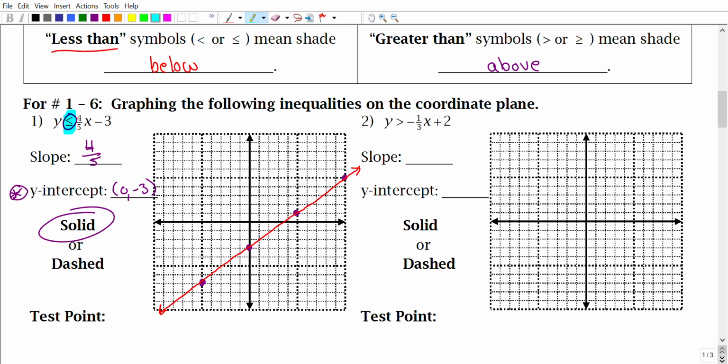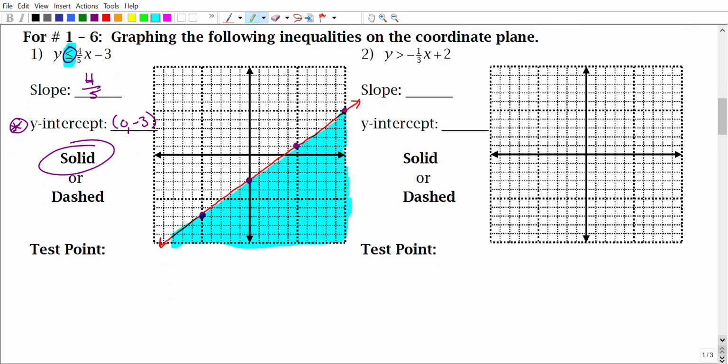If it's less than and we're going to shade below, would that be downwards? So grab your pencil, and would it be everything that's under that pencil or everything that's over that pencil? Well, it would be under, so you're going to actually shade everything below that pencil. So this would be your shaded region. Okay? So that is our shaded region.